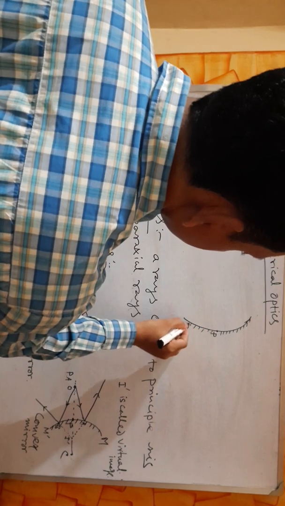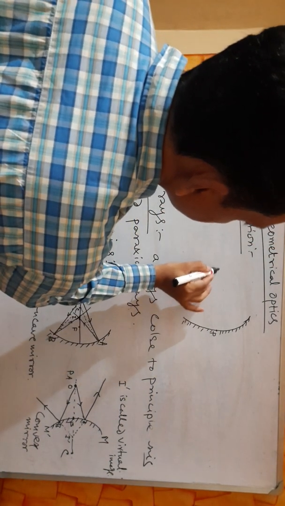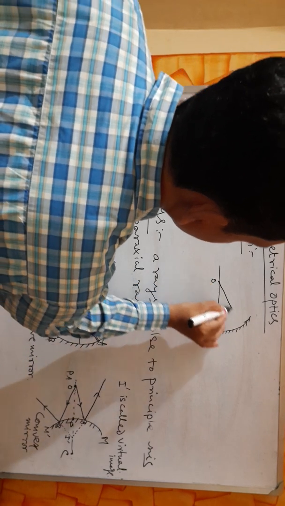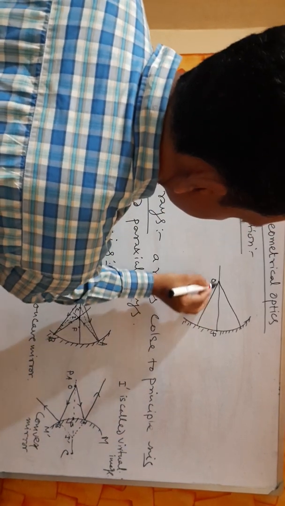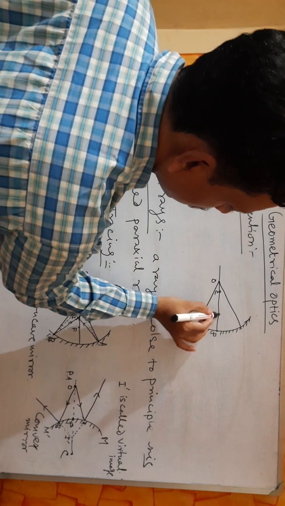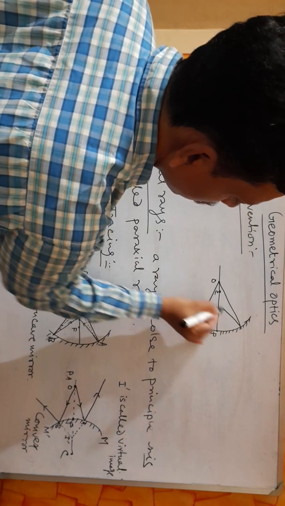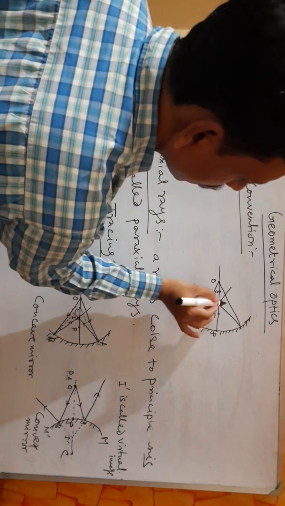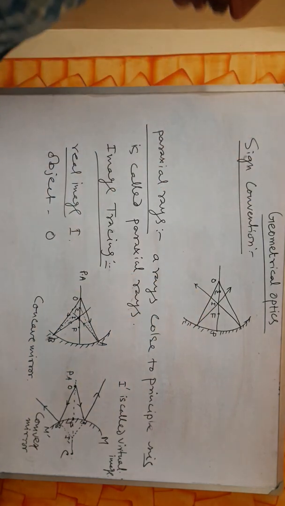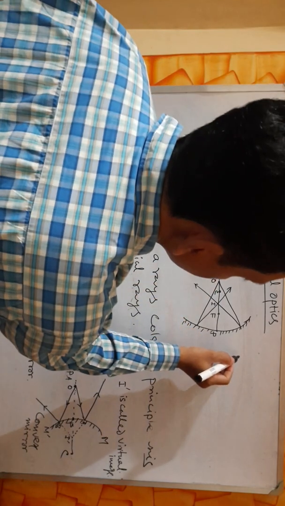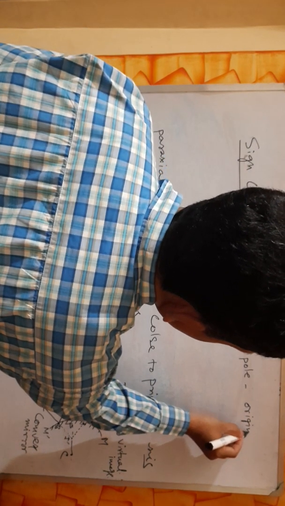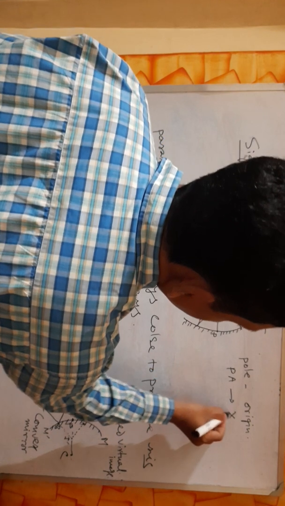The object O, the center of curvature C, the focus F, and the reflected rays meeting at the point I. Generally, in the sign convention the pole is the origin and the principal axis is the x-axis.